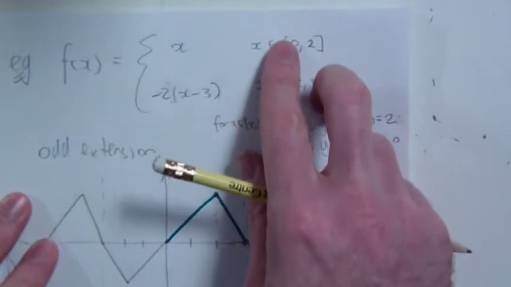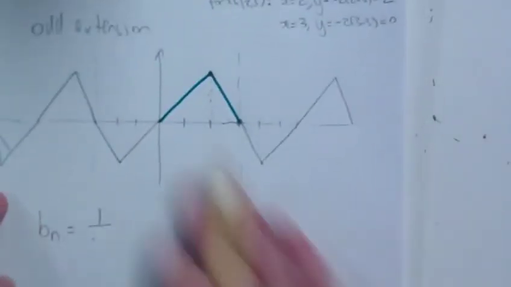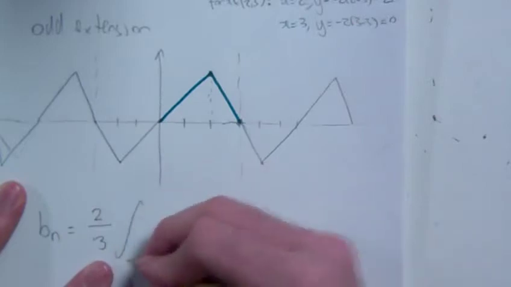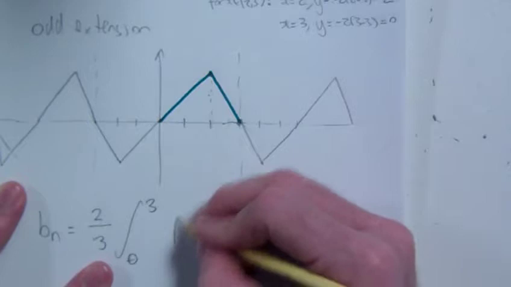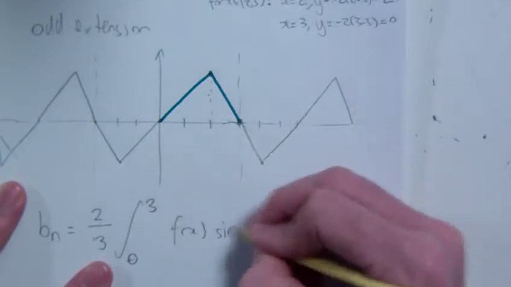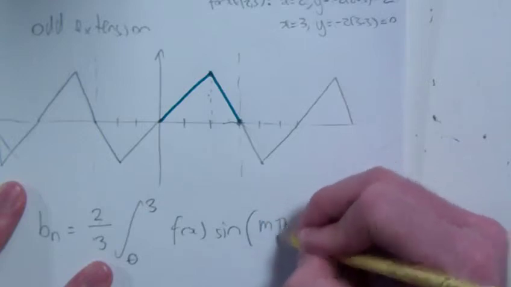So 1 over 3, only it will be 2 over 3 because it's a half range expansion. And it will be from 0 to 3, of my function sine of m.